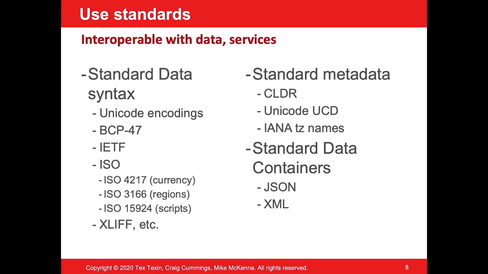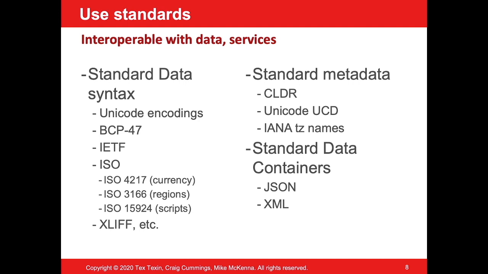CLDR, the Common Locale Data Repository, for how do you represent various cultural items, such as dates, times, numbers, lists of strings, names of territories, etc. Unicode and the Unicode Character Database, or UCD, for what the various types and classifications are of character types.